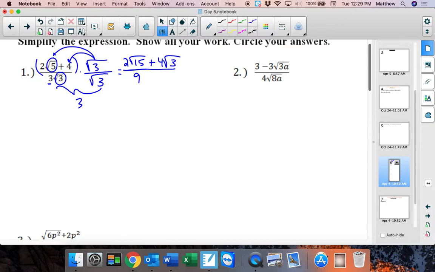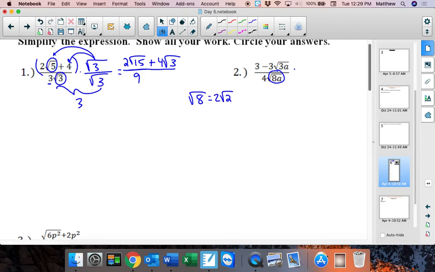Number 2, what I notice is different is I just have a variable in my radical term down here. I also notice that I can simplify root 8. So remember, root 8 is 2 root 2.